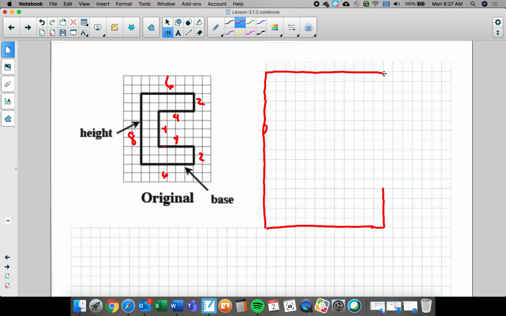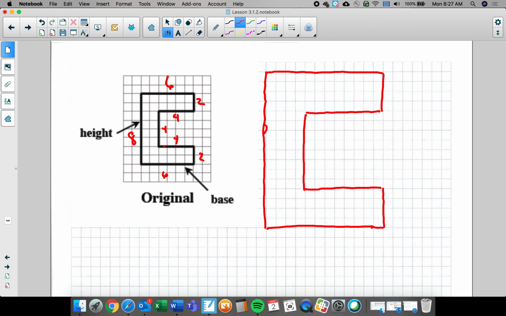Same thing up at the top. 1, 2, 3, 4. These all need to go then from 4 now to 8. And therefore, 1, 2, 3, 4, 5, 6, 7, 8. Same thing here. And then hopefully this should match up and be 8 as well. 1, 2, 3, 4, 5, 6, 7, 8.